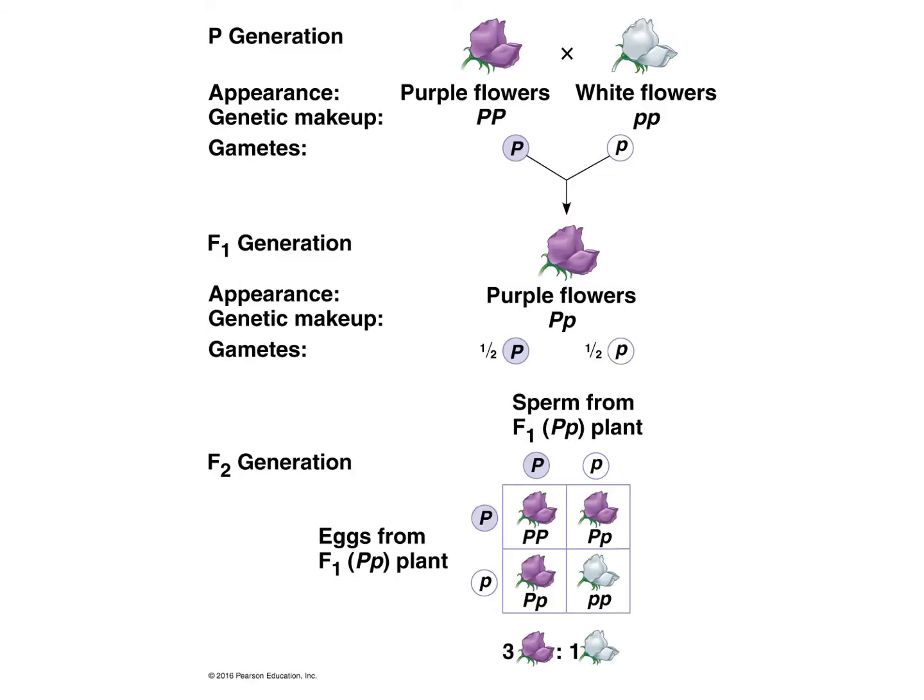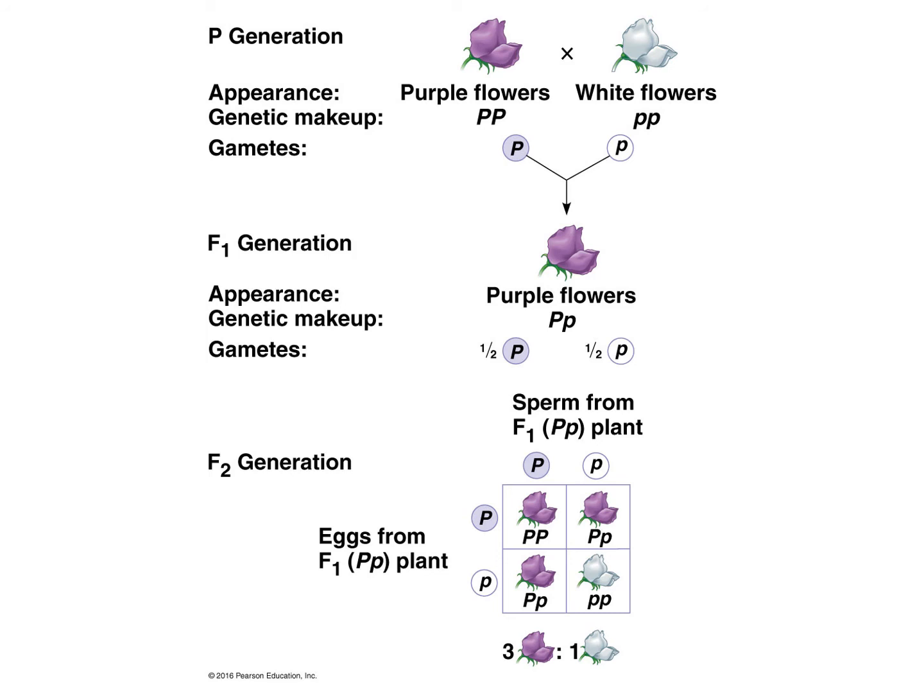So this is figure 5 in chapter 11, where Mendel's cross is shown visually, and it's tracked by using symbols for the alleles.